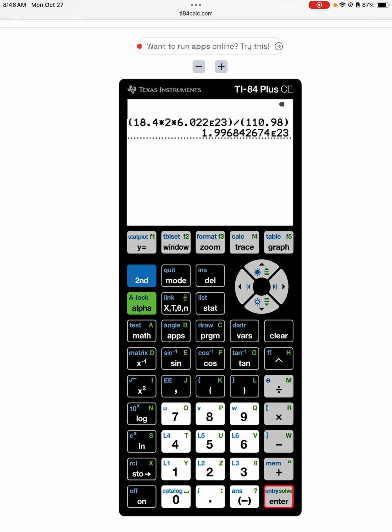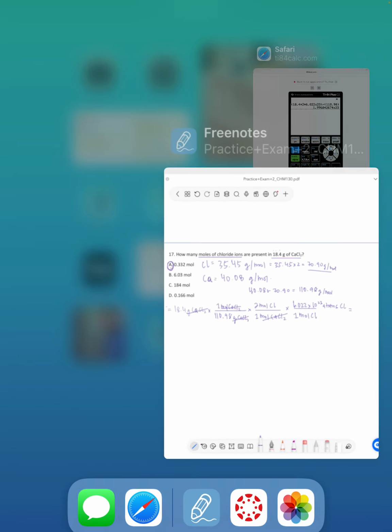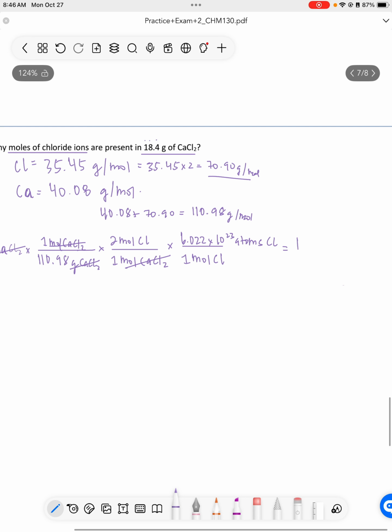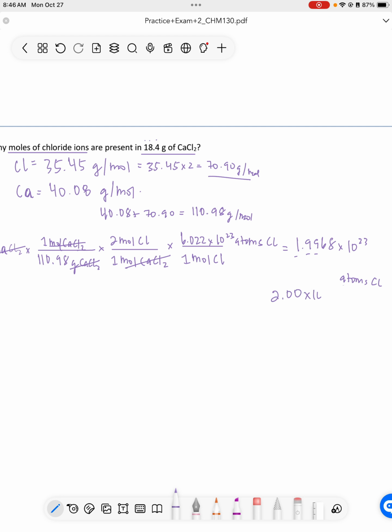And we get 1.9968 times 10 to the 23 atoms of chlorine. And we need 3 sig figs, so we would have 2.00 times 10 to the 23 atoms.